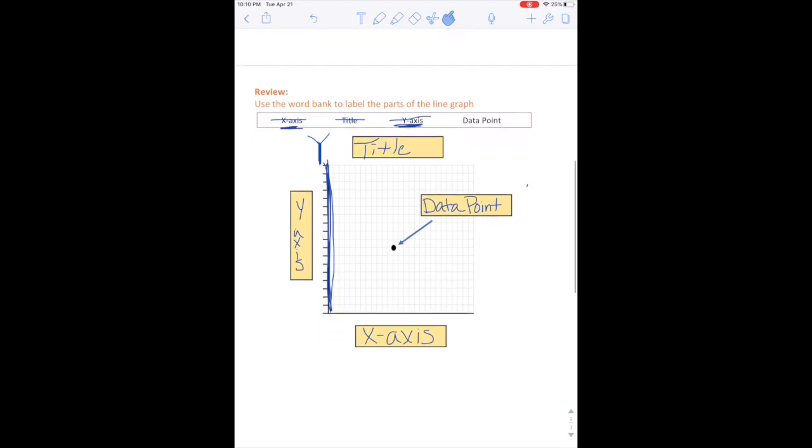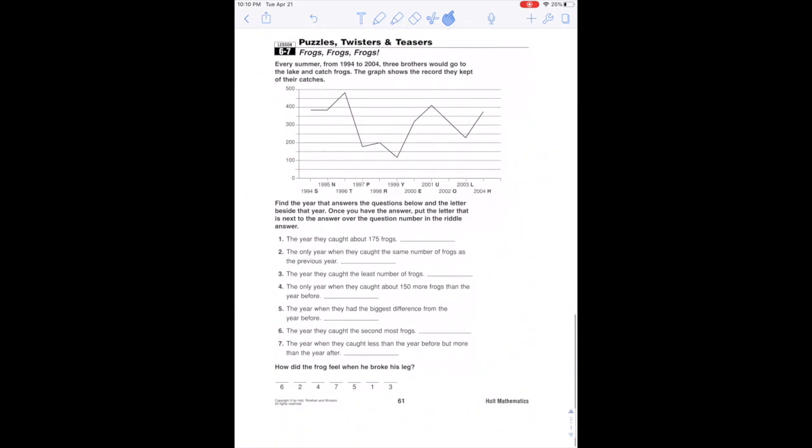All right, our work for today is going to be a puzzle. I'm going to do the first 3 with you, and then you're going to try the remainder on your own. When you are done with it, you're going to submit it to Schoology. Okay, so this graph is about frogs.